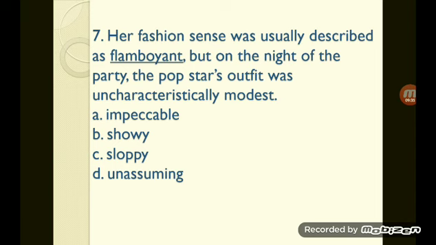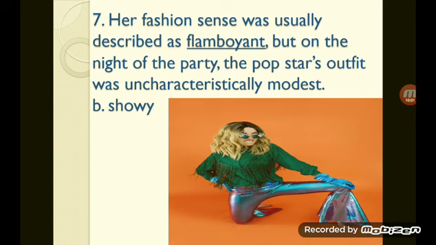So it was usually flamboyant, but on the night of the party, the pop star's outfit was uncharacteristically modest. The opposite of modest is also, out of these options, showy. So flamboyant means showy.